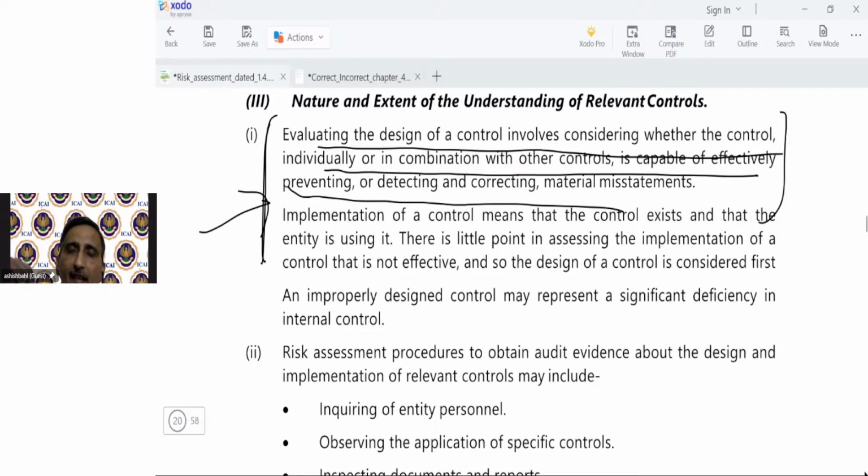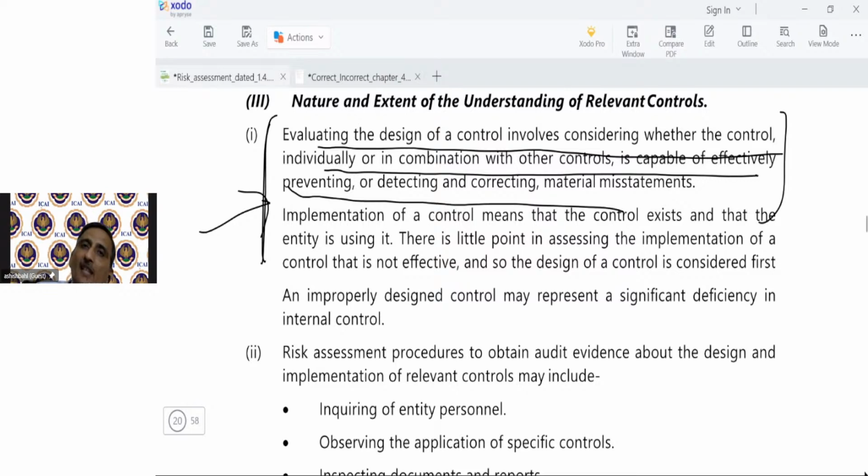So when I am an auditor, I am evaluating the design of a control, whether it would be effective or not. So what is my objective?